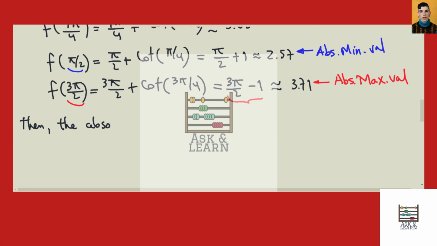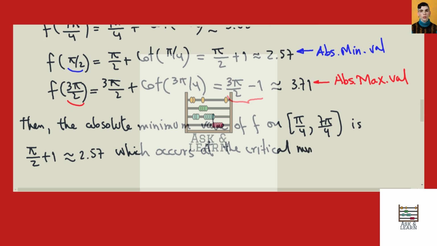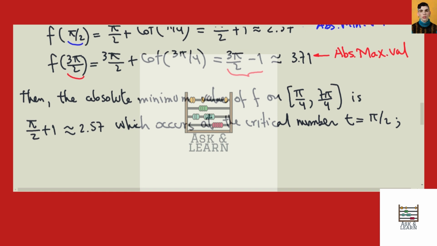The absolute minimum value of f on the interval pi fourth to 7 pi fourth is pi half plus 1, which is about 2.57, and that value occurs at the critical number t equal pi half.